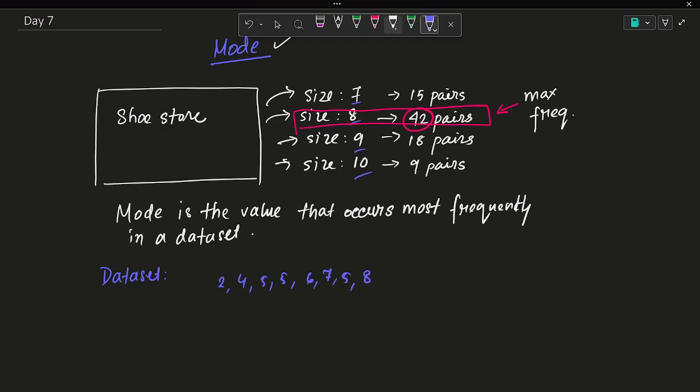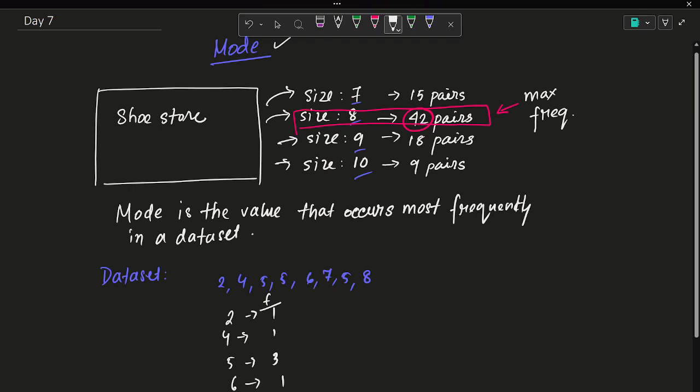Now if I ask what is the mode of this data set, let's calculate the frequencies. 2 is appearing only one time. 4 is occurring only one time. 5 is occurring thrice, and 6, 7 and 8 are each occurring only once.